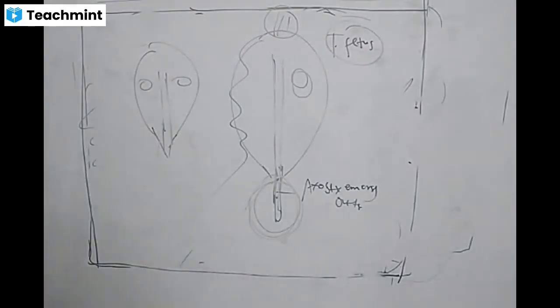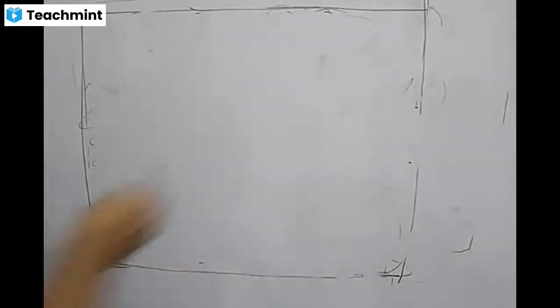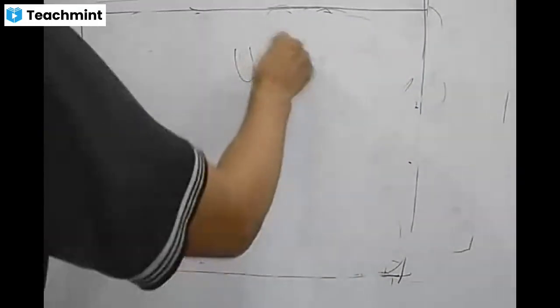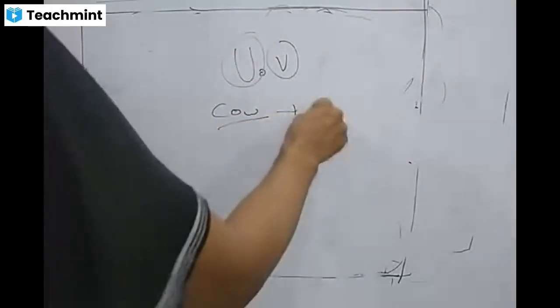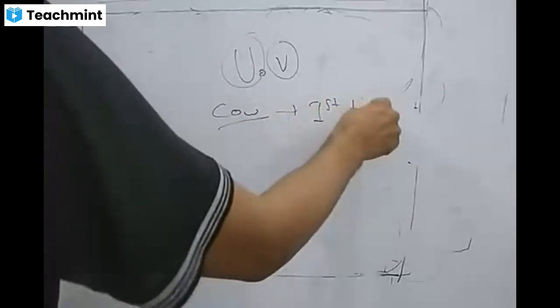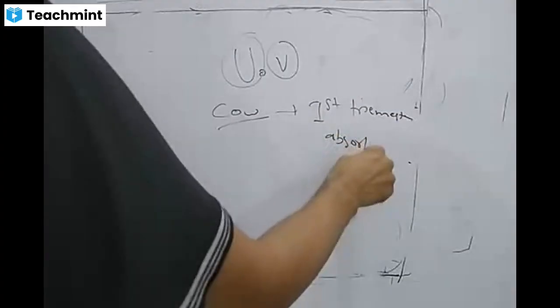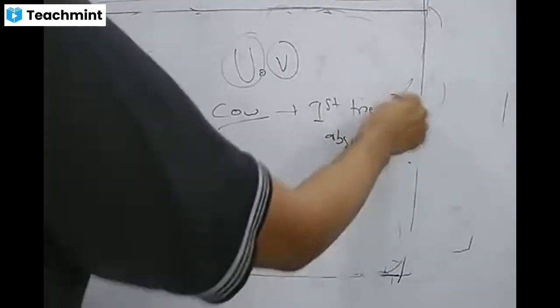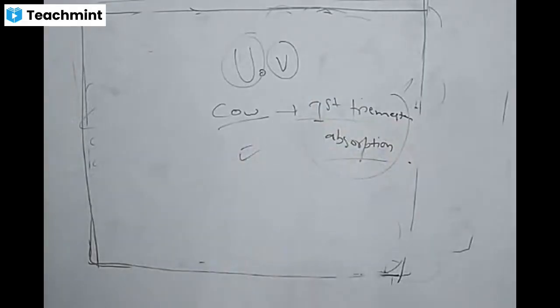And the second MCQ with the Trichomonas fetus is the location, that is your uterus and vagina in case of cow, and it will cause first trimester abortion. First trimester abortion.